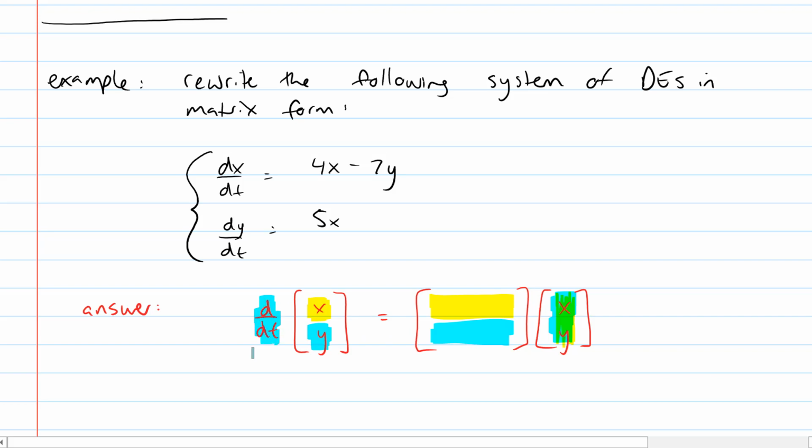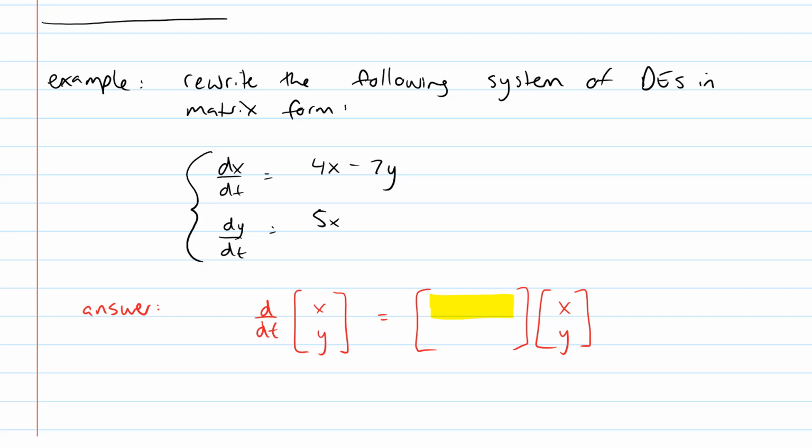So that was a fair bit of markup. Let me just get rid of all that markup so that it's a little easier to see what's going on here. There we go. And so this works exactly in the way you'd expect. If I write the coefficients of my matrix, provided that everything lines up nicely, then when I multiply this row by this column, I'm going to get 4x minus 7y.